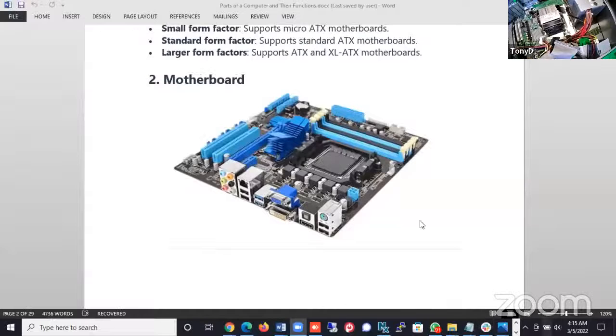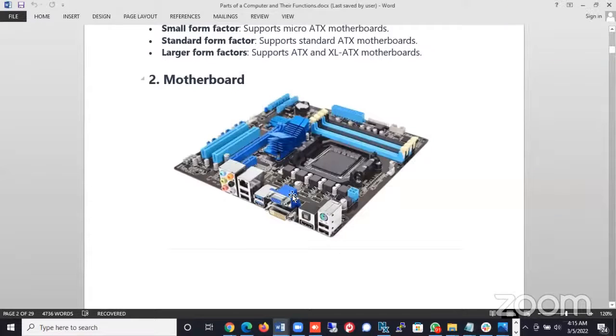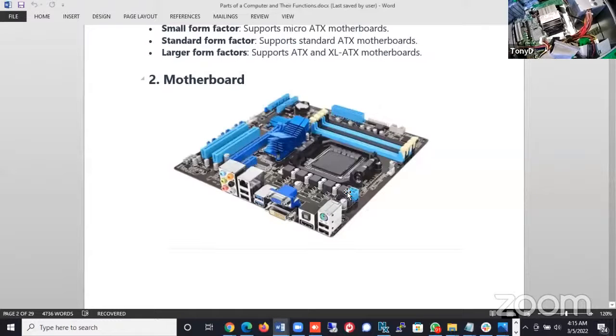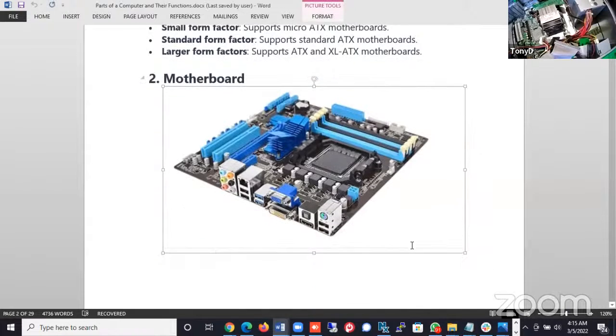So when you see my screen, when you take a motherboard out, this is what it looks like. Do you all see my screen? Yes. So this is how it looks. And the motherboard is so important, like what I showed you. You see this side, right? Let me make it big.